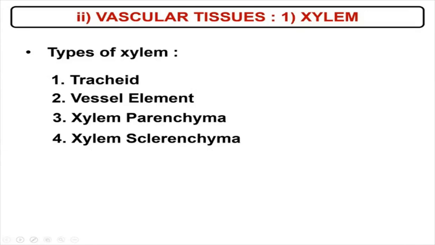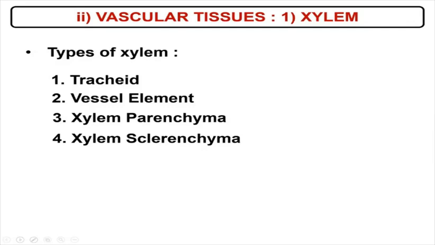Okay, now vascular tissues, the xylem. Xylem consists of ada 4 jenis. Ada 4 tisu yang membentuk xylem ni. Sebab dia tak boleh satu saja, tak boleh trachea saja, tak boleh vessel element saja, dan tak ada parenchyma dengan sclerenchyma. Jadi xylem ni mesti ada trachea, vessel element, xylem parenchyma dengan sclerenchyma.